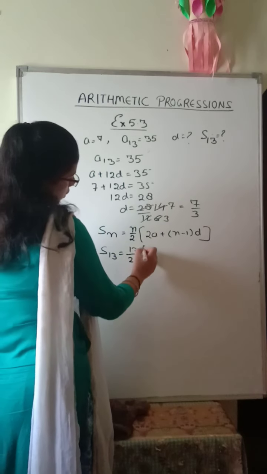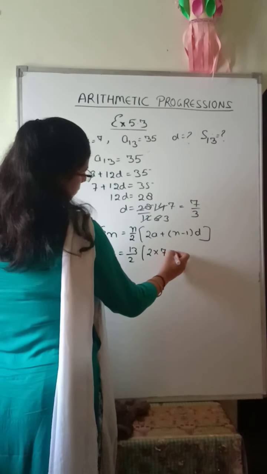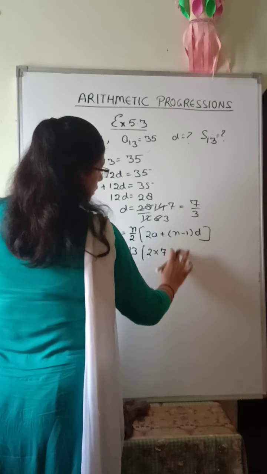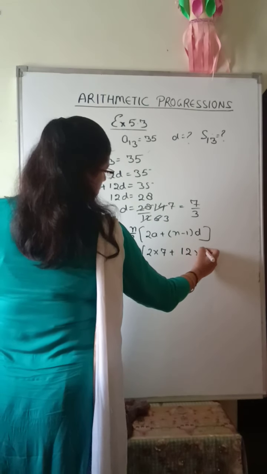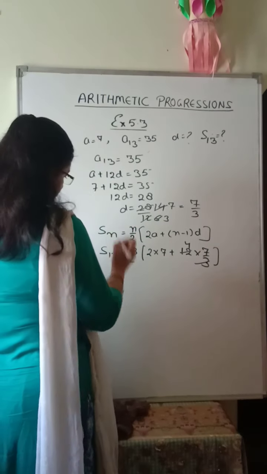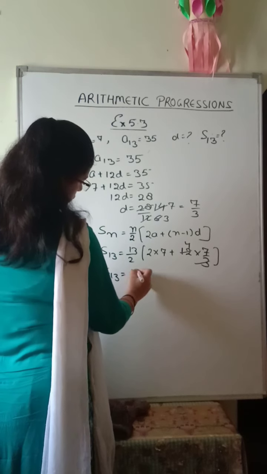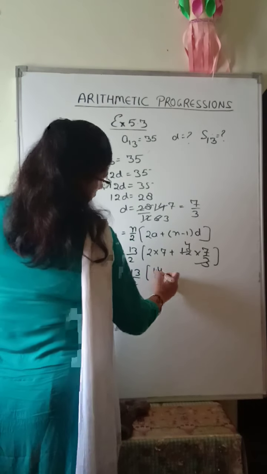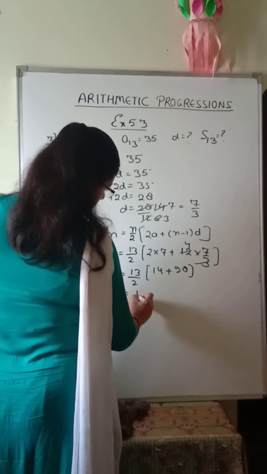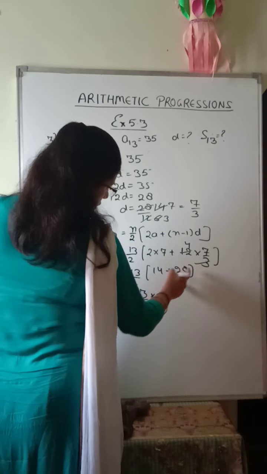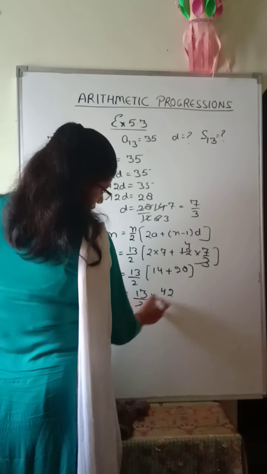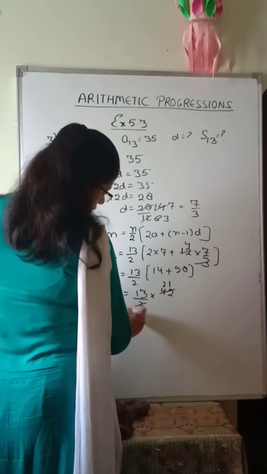13 upon 2 into 2 into what is a? 7 plus, since we are finding the 13th term, 13 minus 1 becomes 12. Okay, so 12 into what is d? 7 upon 3. 3 fours are 12. So the sum of 13 terms equals 13 upon 2 into (14 plus 28), which is 13 upon 2 into 42. 2 twos are 4, 2 ones are 2, 13 into 21.